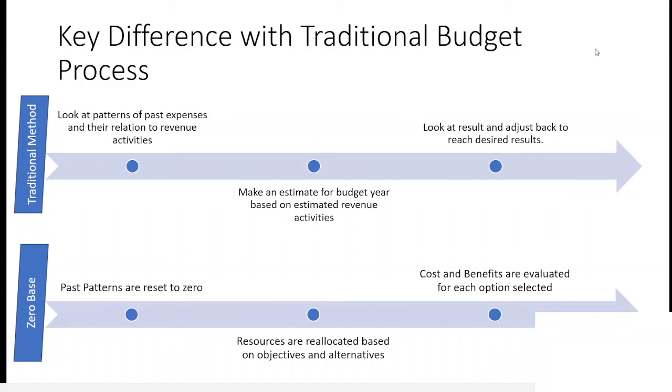We ask what the costs of doing this are and what the benefits are for each option, and then we compile the overall action plan after looking at the different options, and say this is what our budget is going to be.